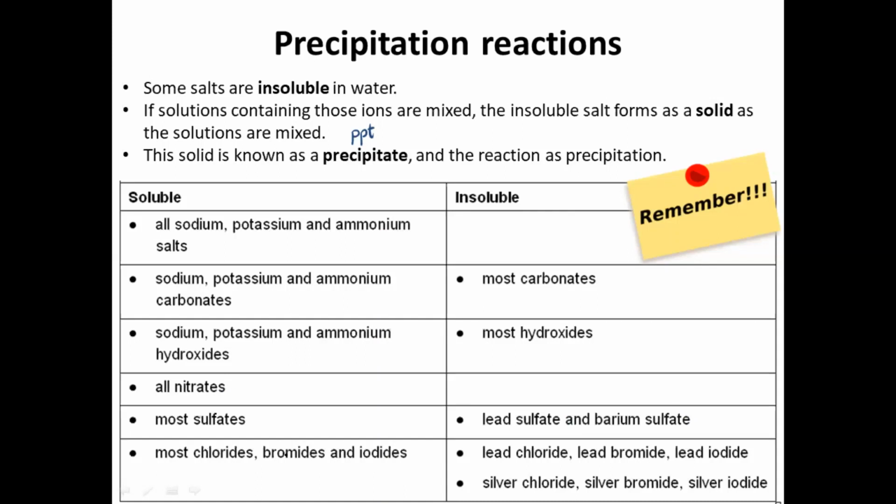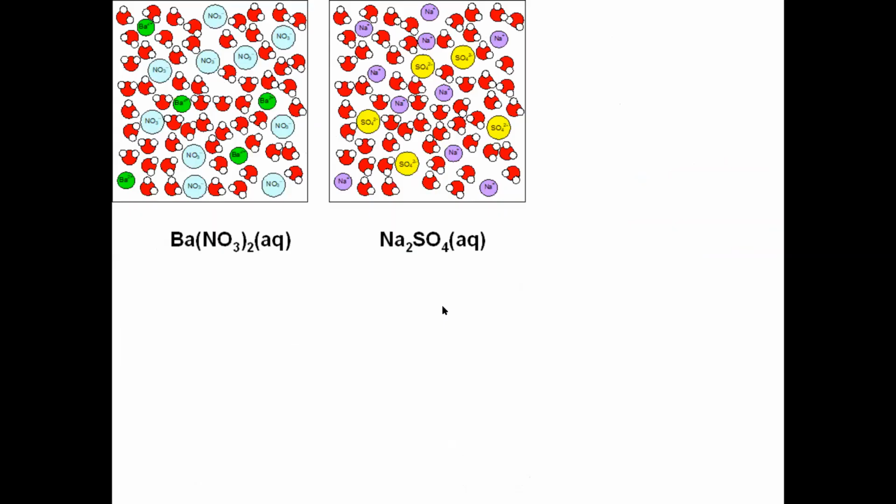And most chlorides, bromides, and iodides are soluble, with the exceptions that are listed in here. Most carbonates are insoluble, with these being the exceptions. And most hydroxides are insoluble, with these being the exceptions. So if I were you, I would put that on some sort of little post-it note and memorize it.